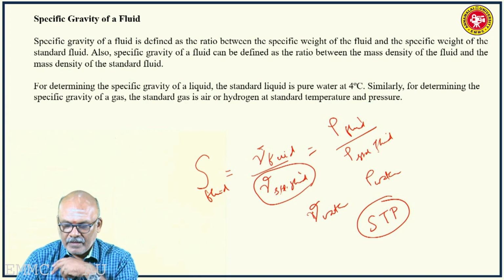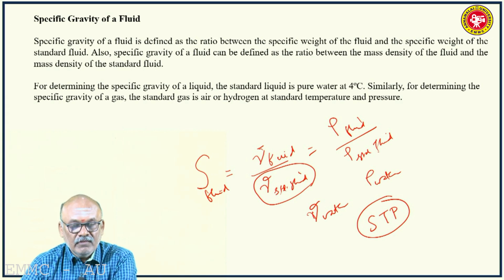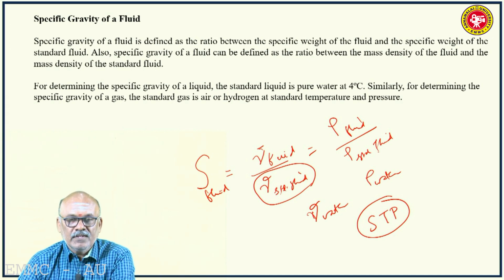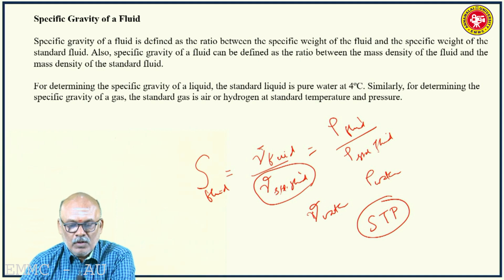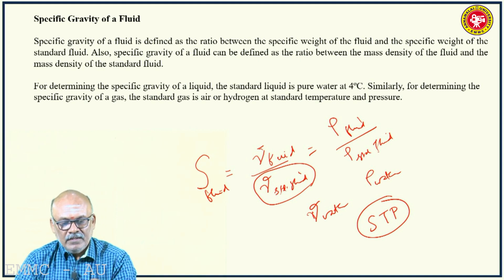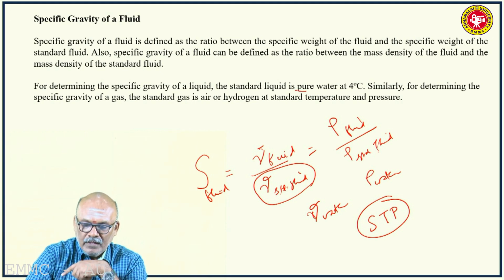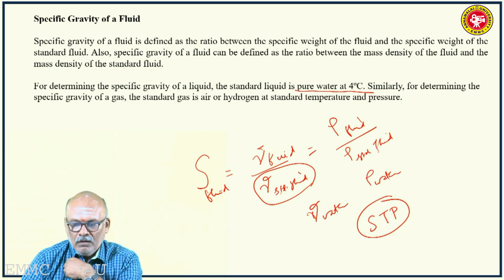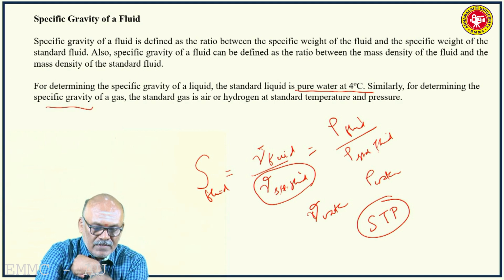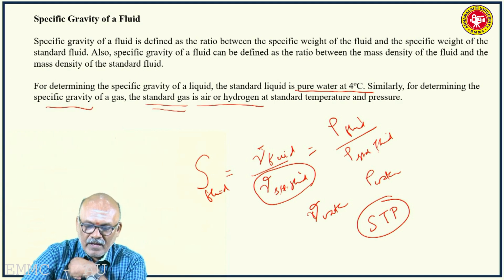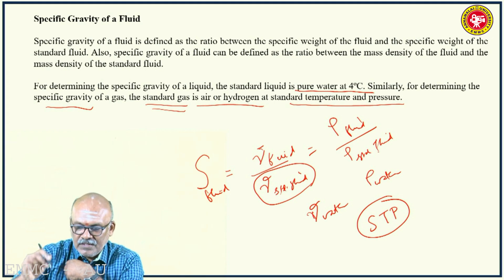So in case of gases, the temperature and pressure are important when you are quoting the specific weight or mass density, whereas in the case of liquids, the standard temperature is important. So for specific gravity of a liquid, the standard liquid is pure water at 4 degrees Celsius. For determining the specific gravity of a gas, the standard fluid used is air or hydrogen at standard temperature and pressure, STP we call. Okay.